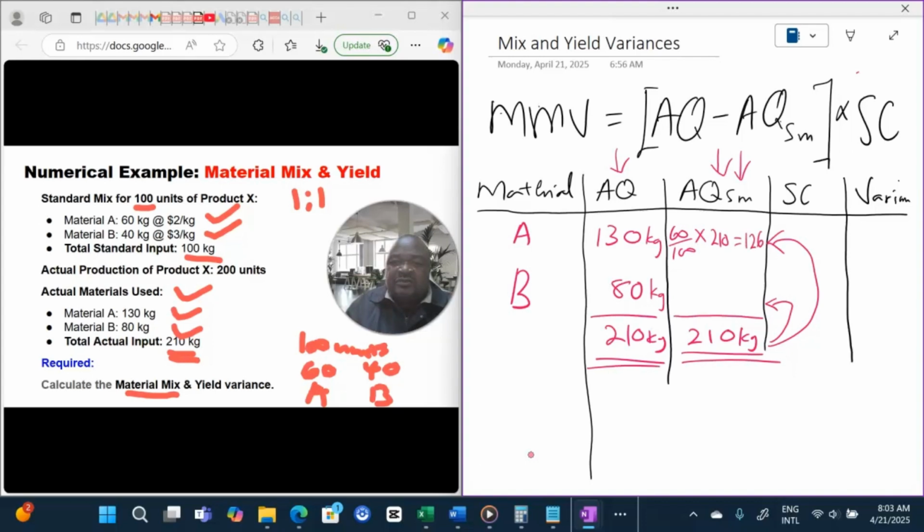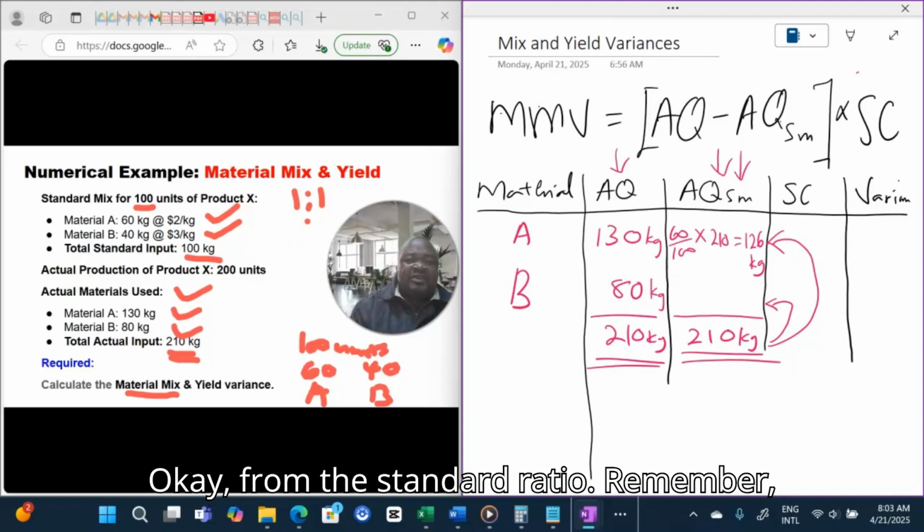We would need 126 kgs to produce 210 units from the standard ratio.